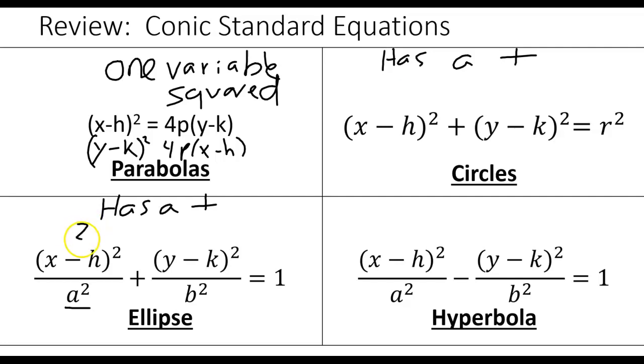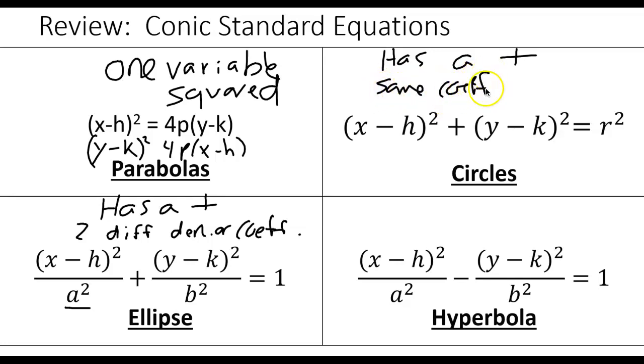Ellipses have two different denominators, or we'll say coefficients, and you'll see why when we get to the next page. Whereas circles have either one coefficient, or actually we should just say the same coefficient, or you could say denominator, or you could just say it equals something.